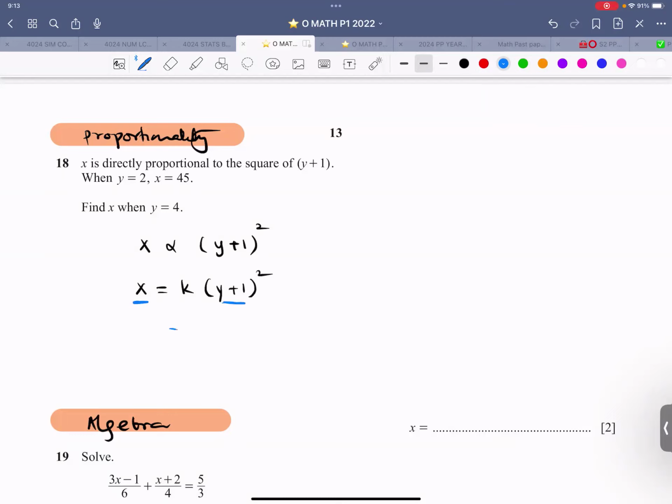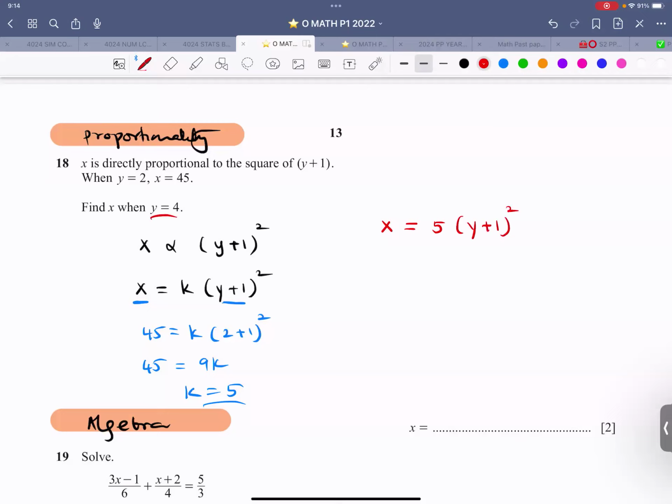y is 2. So this is k, this is (2 plus 1) whole squared, and x is 45. So 3 squared is 9, 9k is 45, therefore k is 45 divided by 9, which is 5. In other words, the equation is x is 5 (y plus 1) whole squared.